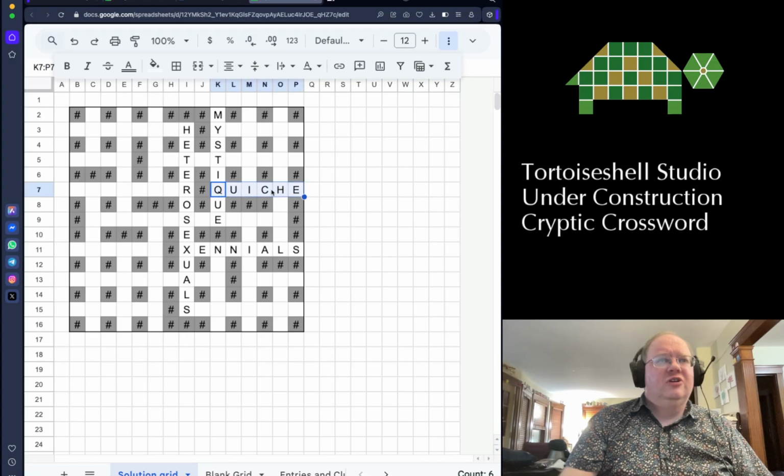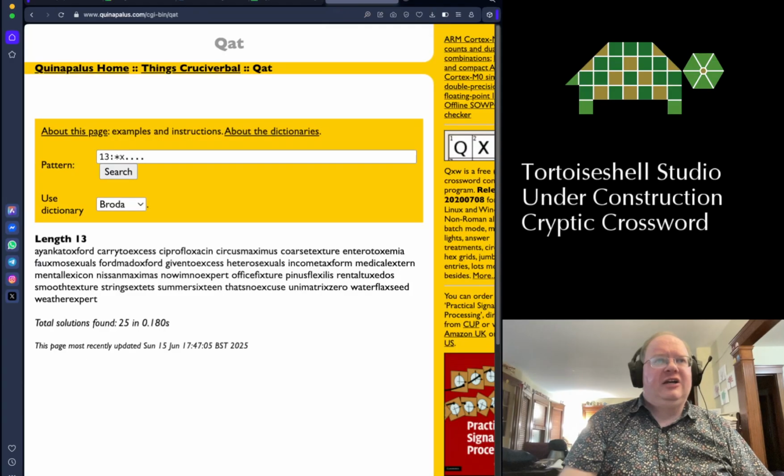Could see some things for quiche being like almost quick, and then he. This seems like a potentially tricky one with the H to L pattern.